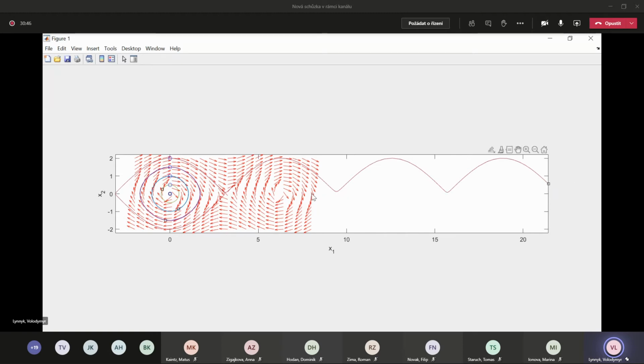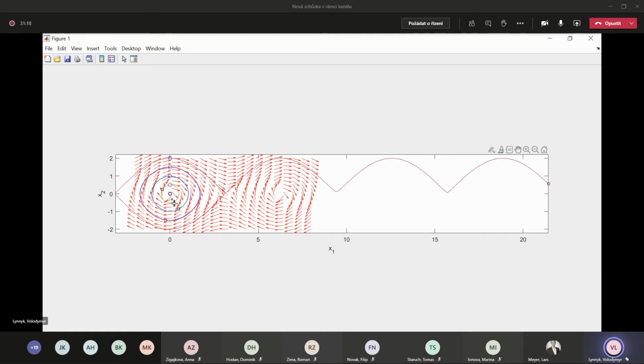Excuse me, one question. I didn't get it correctly. Is this figure also related to the pendulum example? Yes, this figure is related to the pendulum example, because here you can see the equilibrium points at (0, 0), (π, 0) and (2π, 0). The one at (0, 0) is stable.